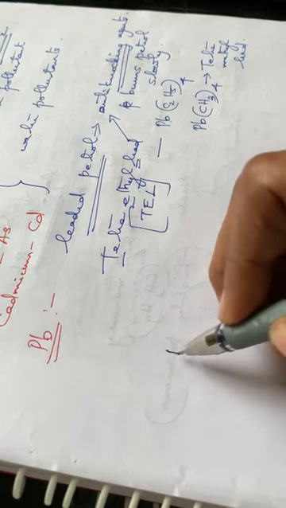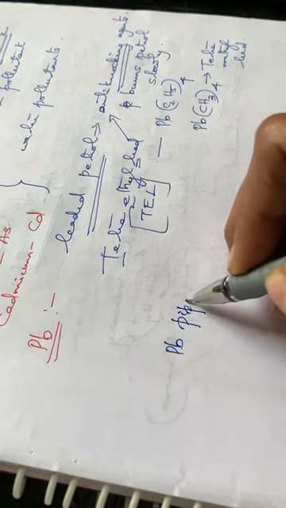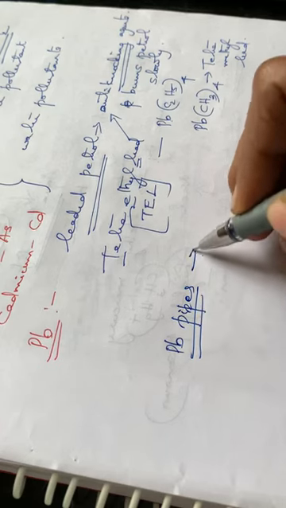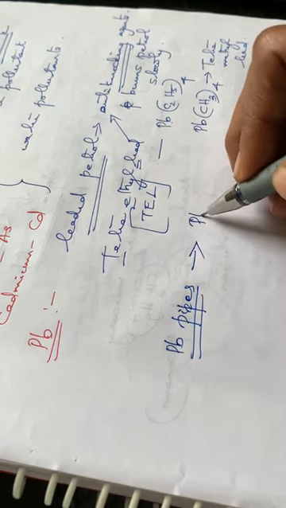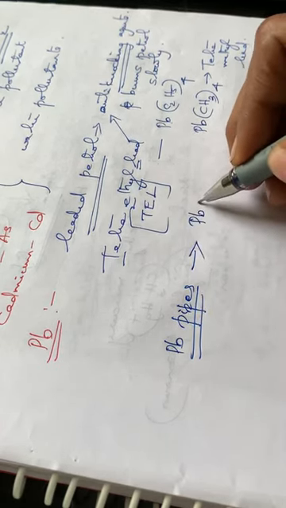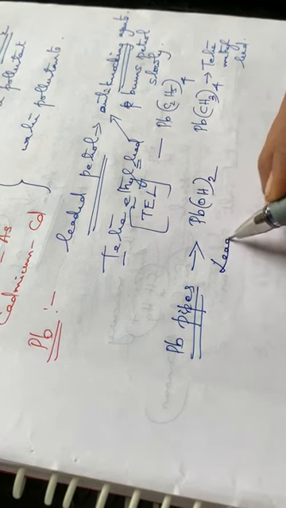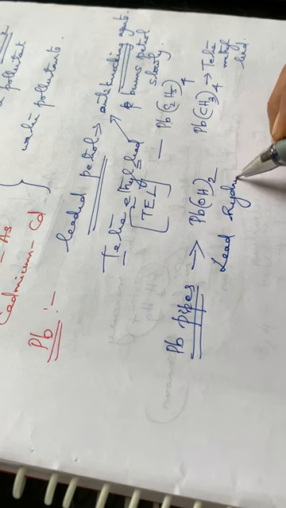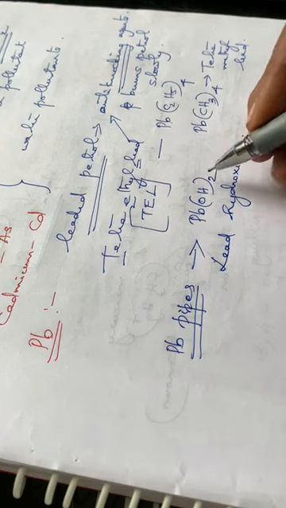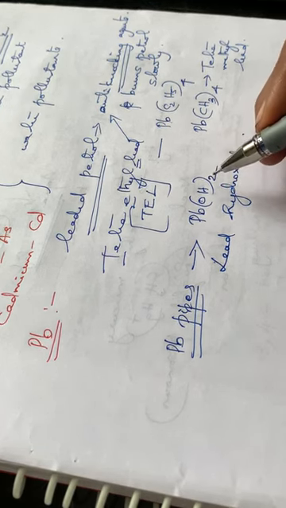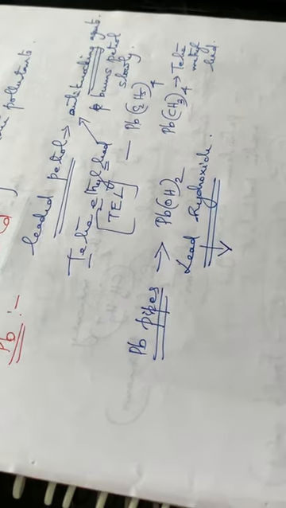Then again, normally lead pipes are there. When lead pipes come in contact with water, the lead is converted to lead hydroxide. Thus the lead reaches the water bodies.